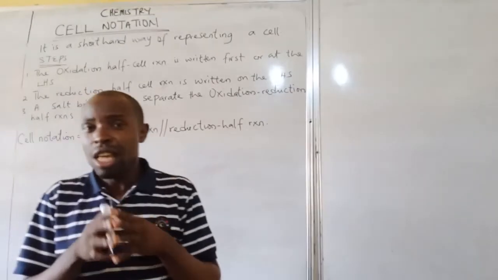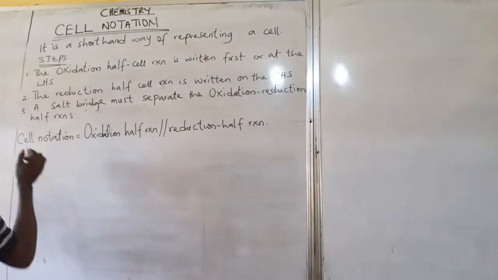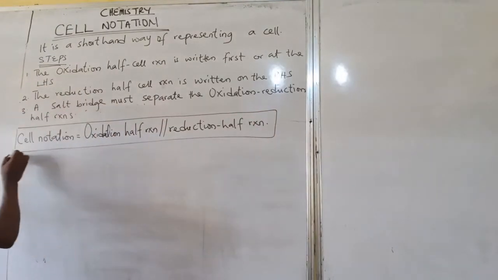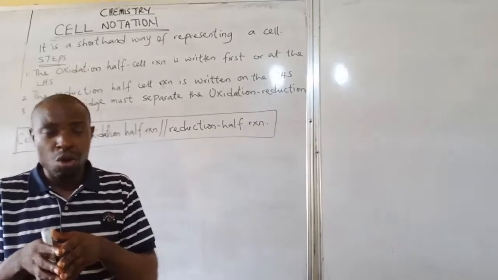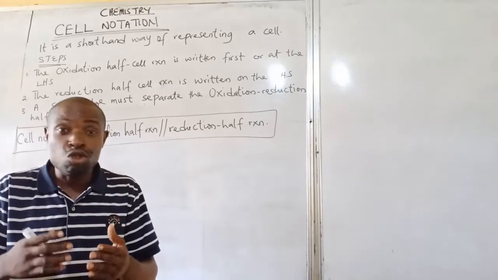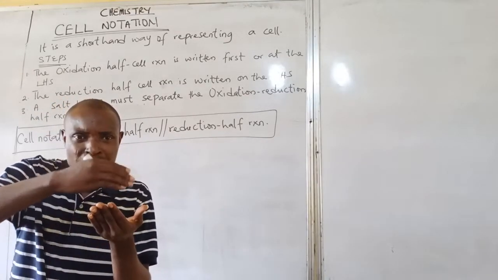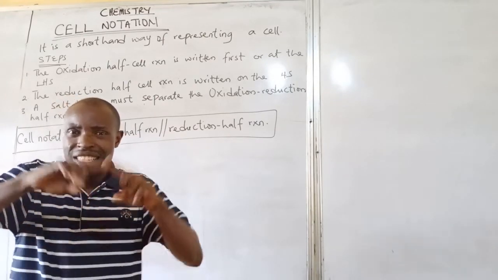I repeat, a cell notation is a shorthand way of representing a cell, just like what you can see here. There are rules or steps that you must follow to have a true way of representing a cell.